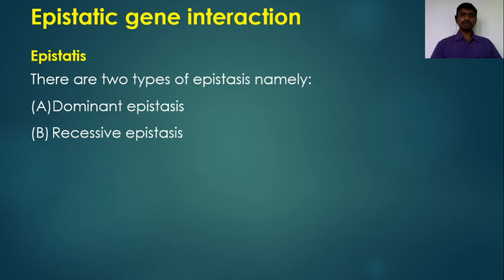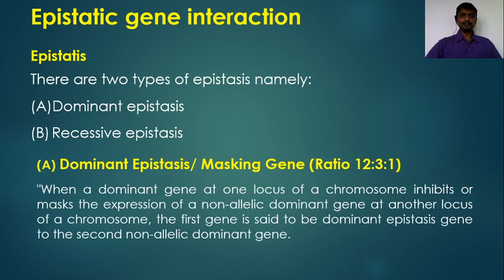Now there are two types of epistasis, namely dominant epistasis and recessive epistasis. First of all we see the dominant epistasis. In dominant epistasis, we say these are the masking genes and the ratio is 12:3:1. So what happens in this case? When a dominant gene at one locus of a chromosome inhibits or masks the expression of a non-allelic dominant gene at another locus of a chromosome, the first gene is said to be the dominant epistatic gene to the second non-allelic dominant gene.